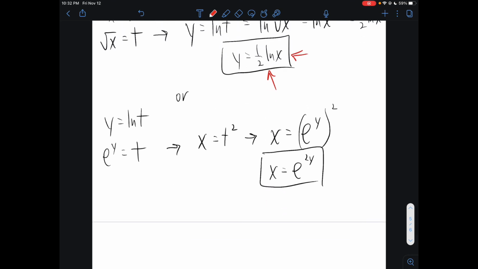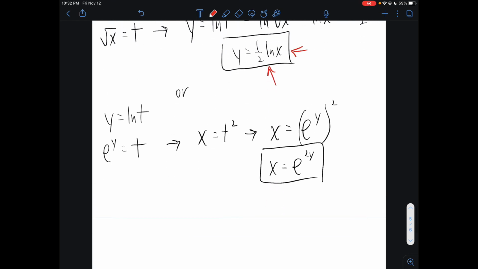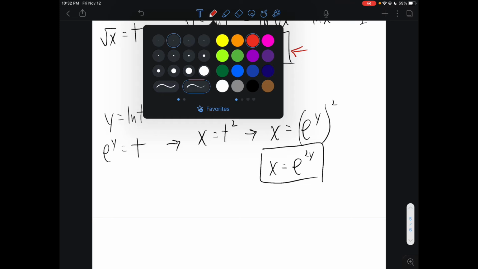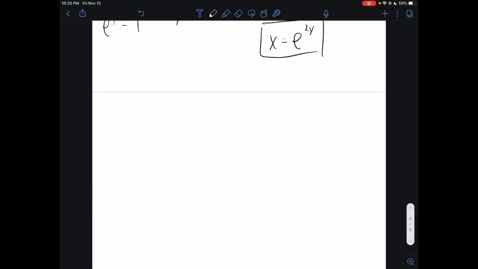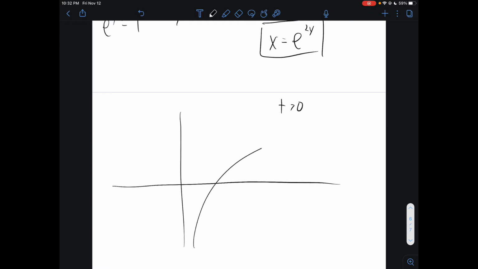So we're really just getting our y equal 1/2 natural log of x curve, and then it's just an arrow going in the direction we would expect. Since t is greater than 0, that means it's starting at small numbers and just increasing in a positive direction. That means we're going to expect a natural log curve that just does this.